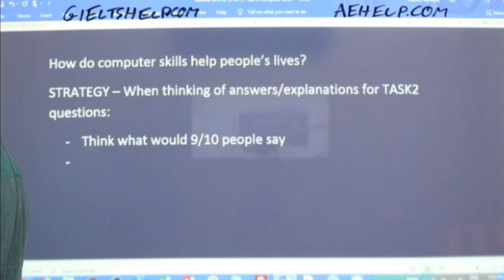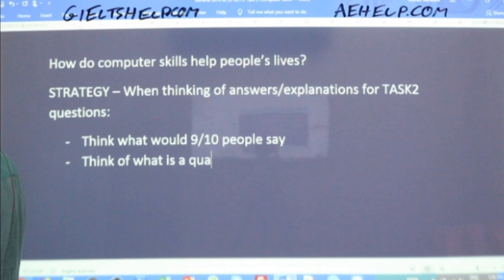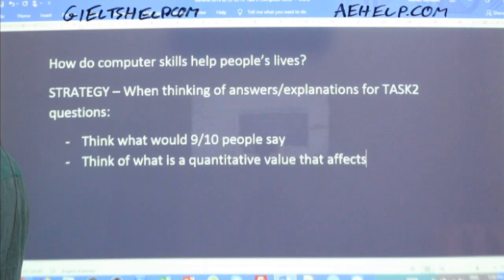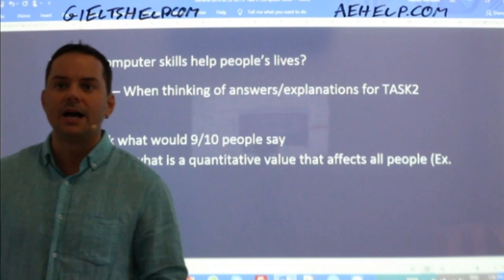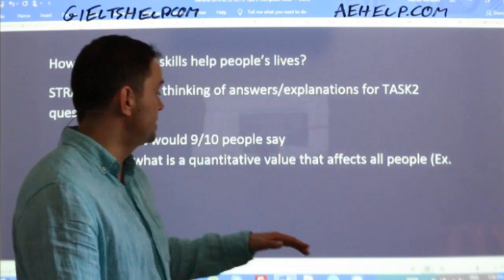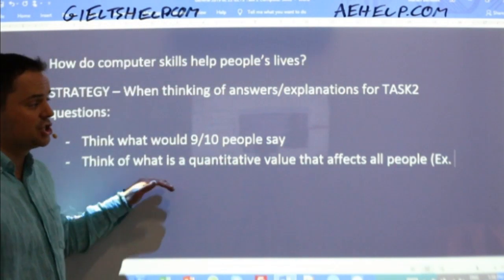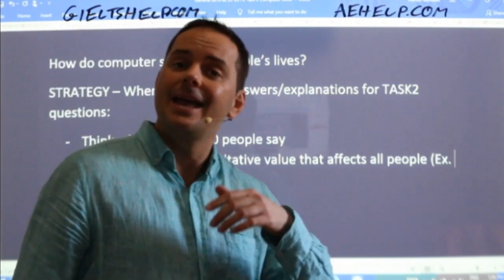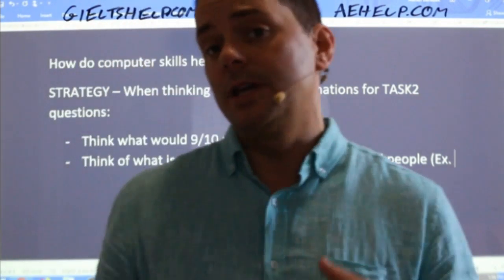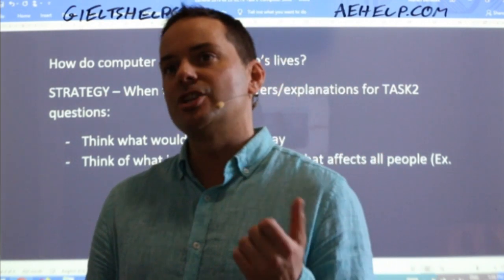And think of what is a quantitative domain or a quantitative value that affects all people. In many cases, what you will realize is that the answer to this very important question is time and money. We can measure time, we can measure money.